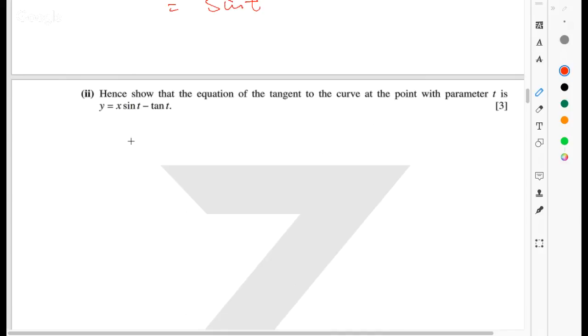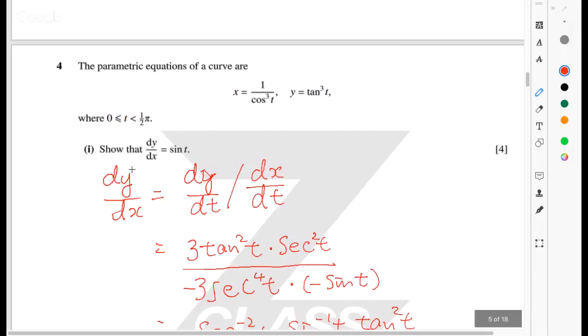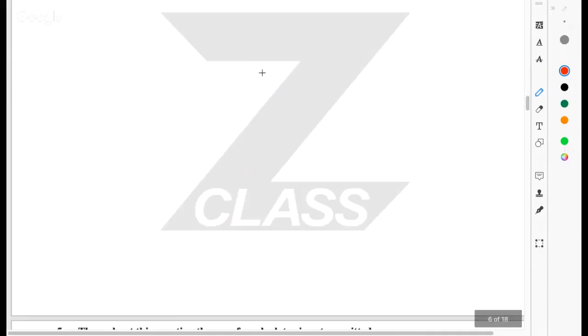Also, what have we got here? We know that on the curve, the gradient is always equal to sine t. And we also know that at any point on the curve, its coordinate is given by this formula.